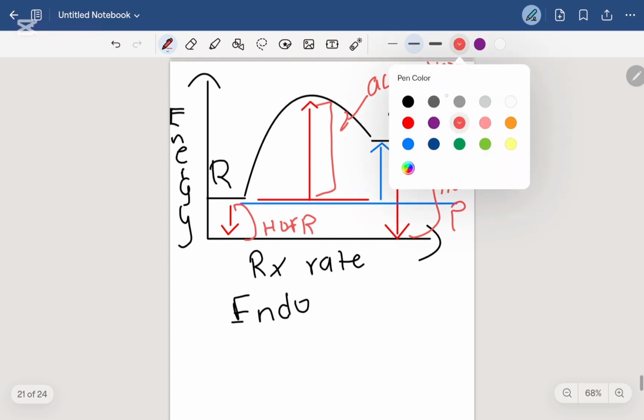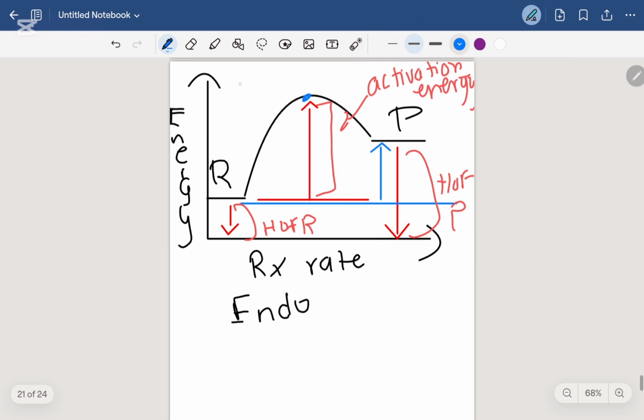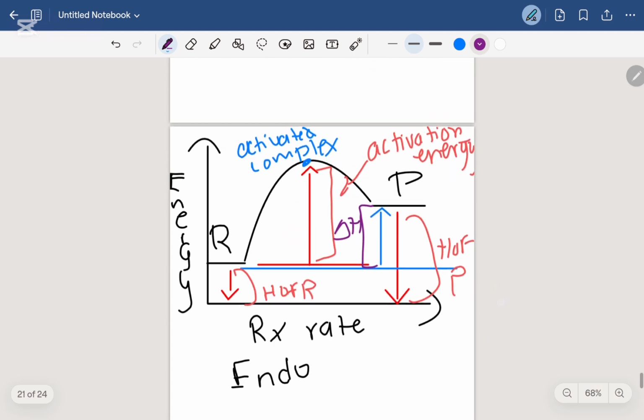And the very tip of the curve, we call the activated complex. Now, this arrow going from the reactants to the products, we said always from the reactants to the products, is delta H, which is our enthalpy change. So that is it for the activation energy.